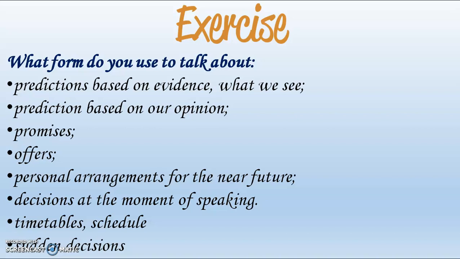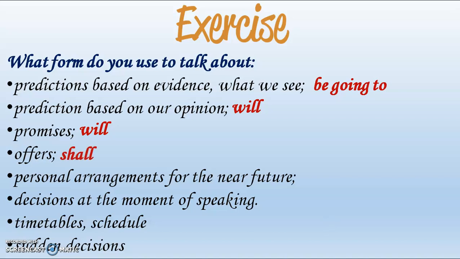What form do you use to talk about predictions based on evidence, on what we see, what we said before? We use be going to. Prediction based on our opinion, we use will, so future simple. When we promise something, we use also will, and when we offer, we use shall.